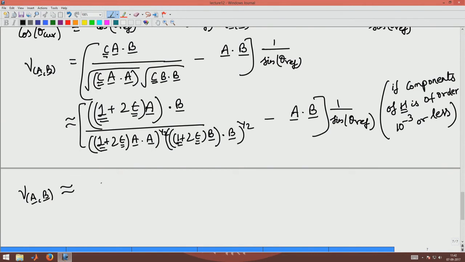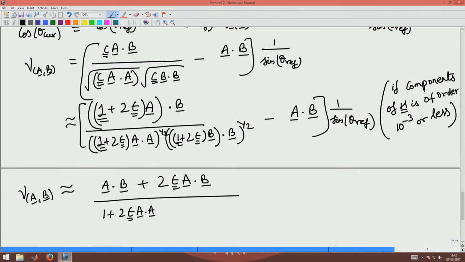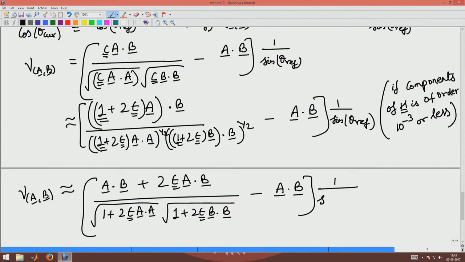So, basically this will be A dot with B plus 2 times epsilon A dot with B divided by 1 plus 2 times epsilon A dot with A square root, 1 plus 2 epsilon B dot with B, minus A dot with B, the whole divided by sine theta ref.